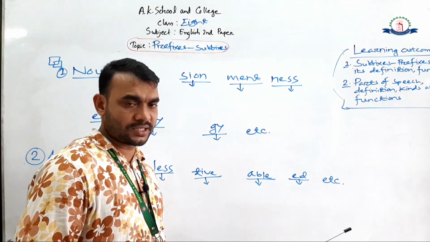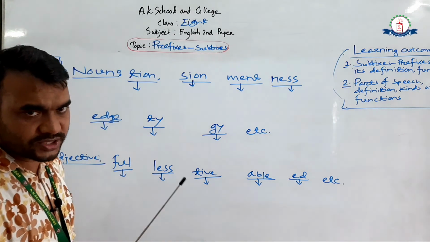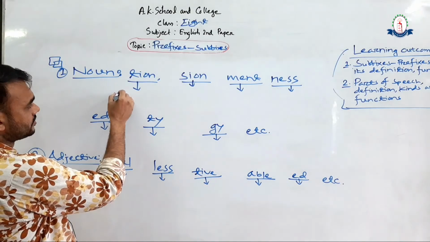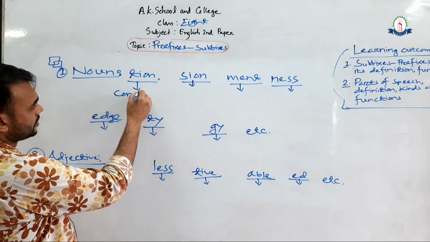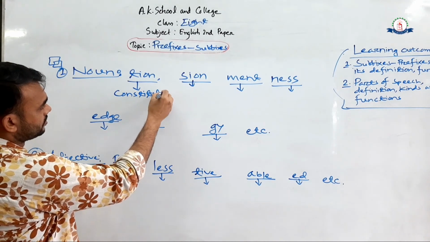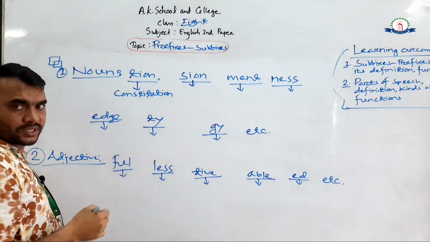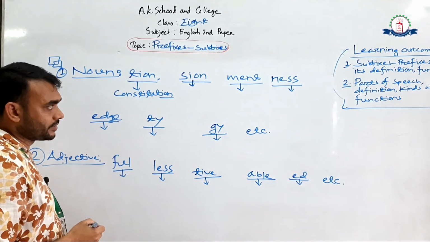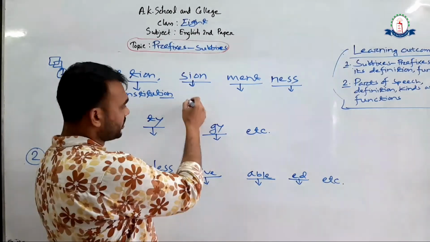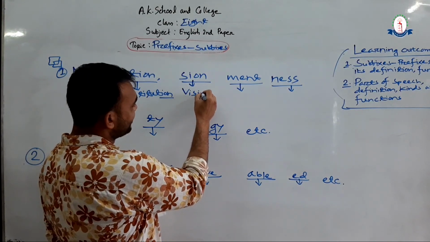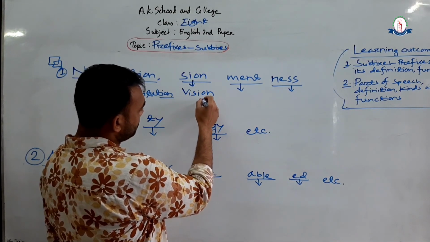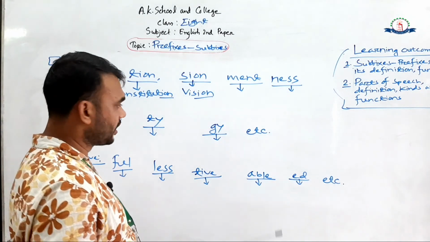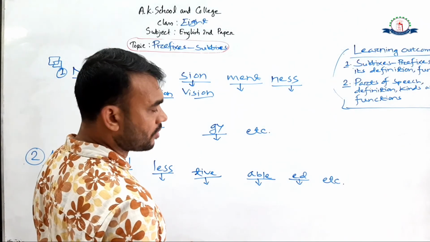Okay, for you to better understand, I will take some examples with these words. Okay, here TION, so we can write constitution. So here is the word constitution, and TION makes it a noun. Here SION, so I will take the example vision. So the word vision, here SION makes it a noun.